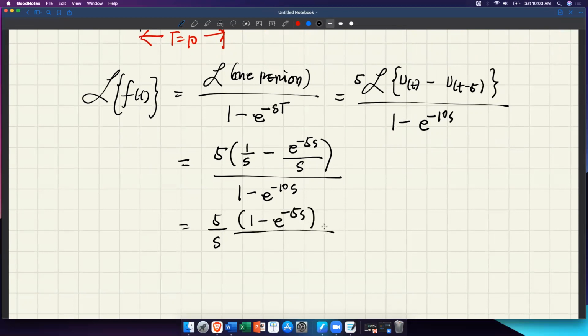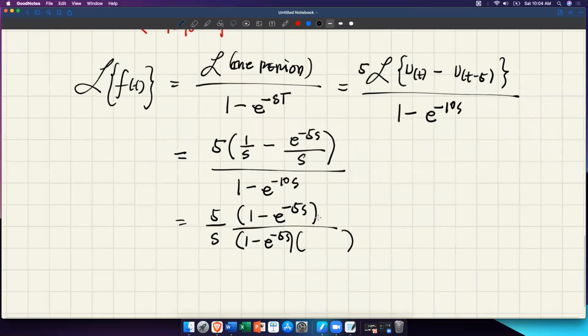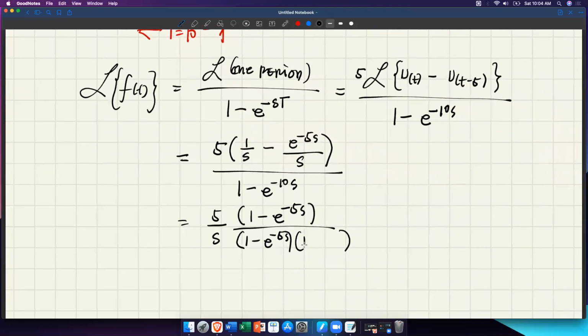And then take note, we can factor also the denominator, since the denominator is the difference of two squares. So we can have this as 1 minus e raised to minus 5s, 1 plus e minus 5s.